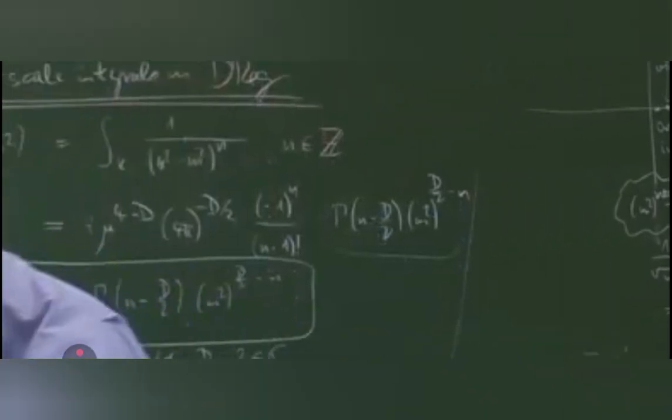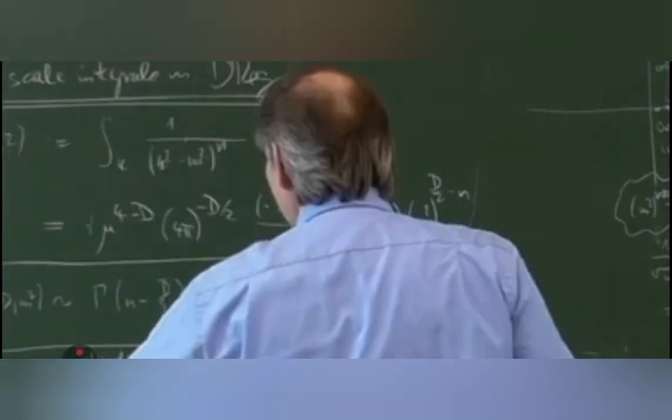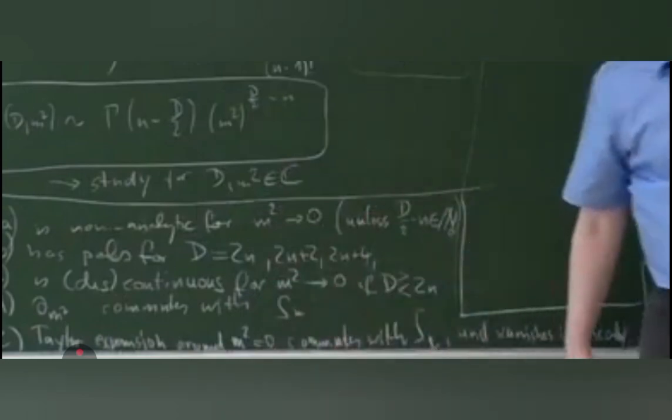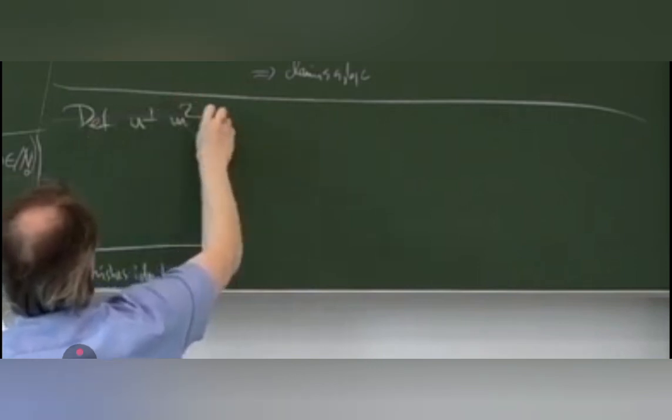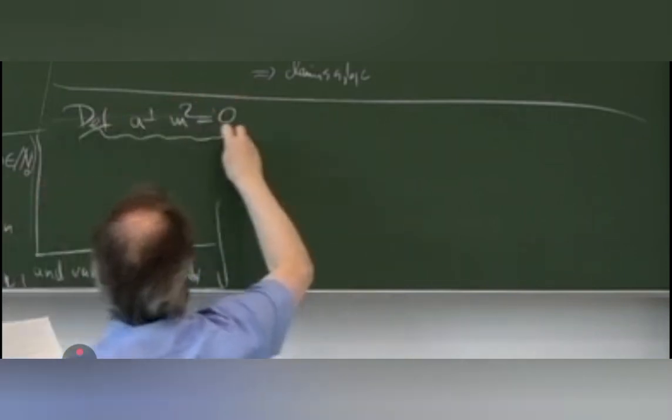Okay, so again, interesting properties of this mathematical function, and let us now look at these limits here and the derivatives and Taylor expansions. So first we can also briefly clarify the definition at m square equals 0.